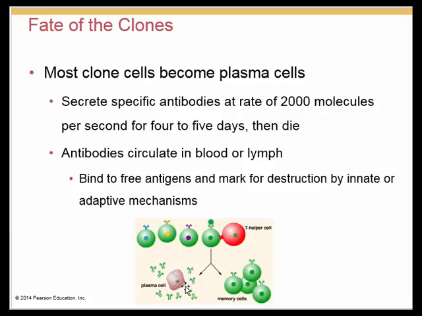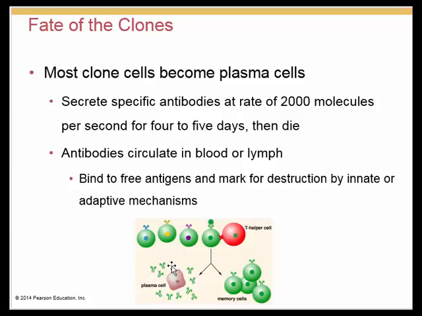They're going to secrete antibodies very specific to that antigen. The antibodies are going to look the same as the B cell receptors do at a rate of 2,000 per second. All right, so they are spitting them out for about 4 or 5 days is how long they're going to create them, and then those plasma cells will die off. They're going to undergo apoptosis.